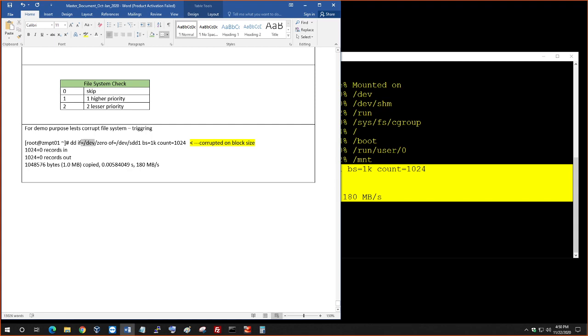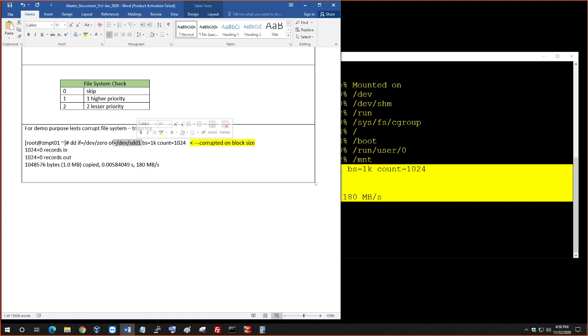This is a built-in blank 0 here. We are taking this drive and writing a 0 to 1 block. So when the file system reboots, the operating system thinks, oh, okay, this file system is corrupted.